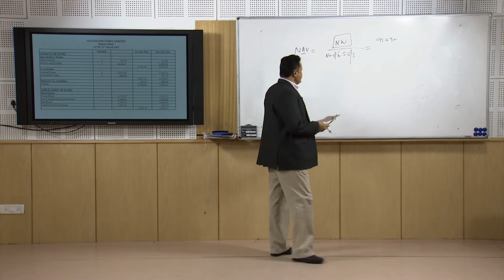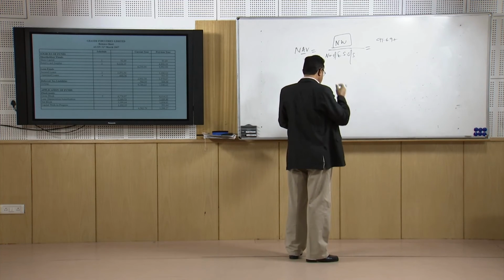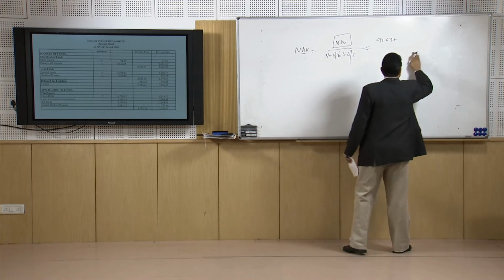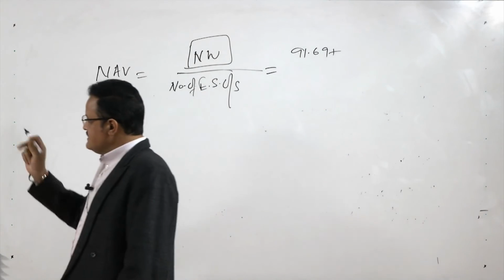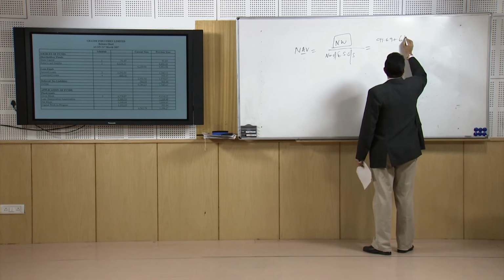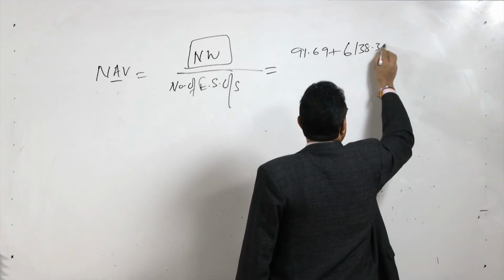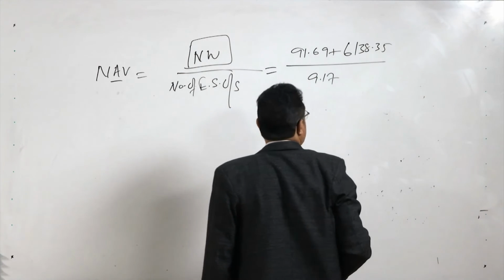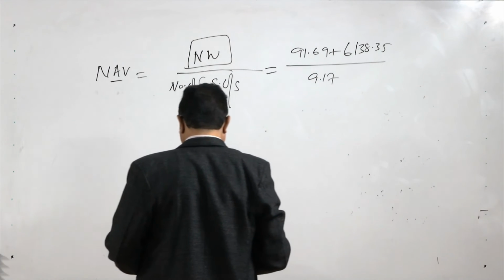So in this case your equity capital is 91.69 crores, which we are taking as it is, and the year end reserve and surplus is 6,138.35 crores, divided by the number of equity shares, that is 9.17 crores.